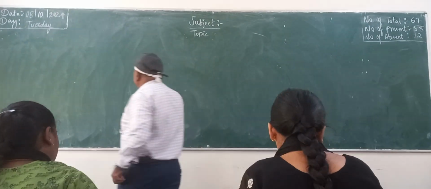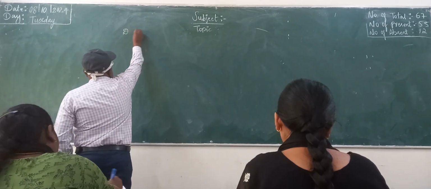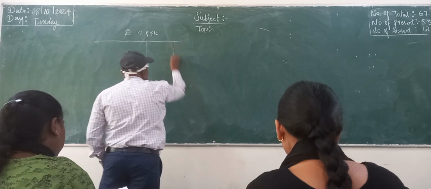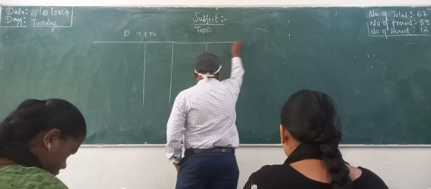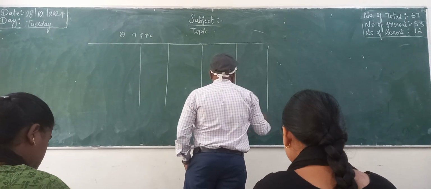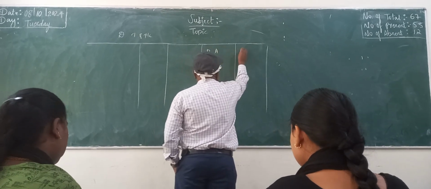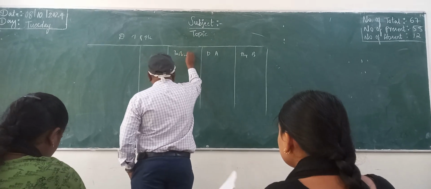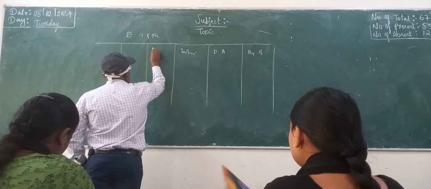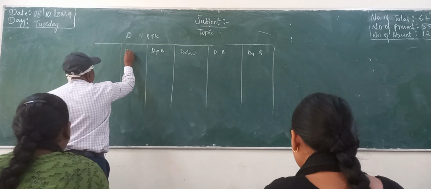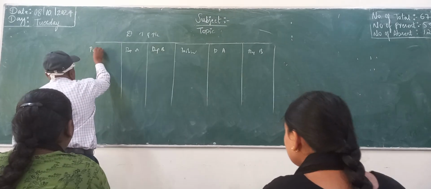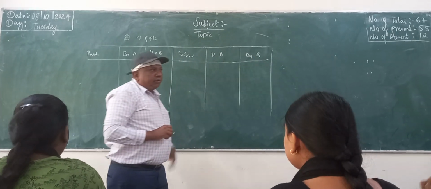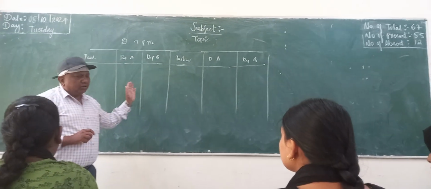So this is preparing the departmental trading and profit loss account. This is Department A, this is Department B, and this is particulars.